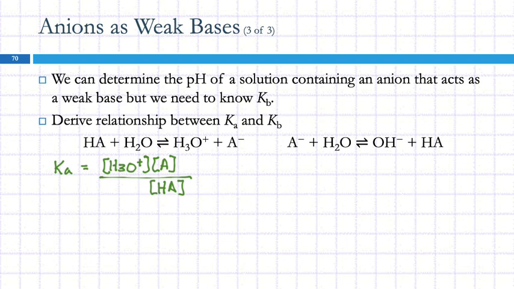And over here, we have a generic equation for our conjugate base acting as a base, right? It takes a hydrogen ion, produces hydroxide, and regenerates. So this is the equation for Kb. So that's going to be hydroxide ion concentration times HA divided by A minus.